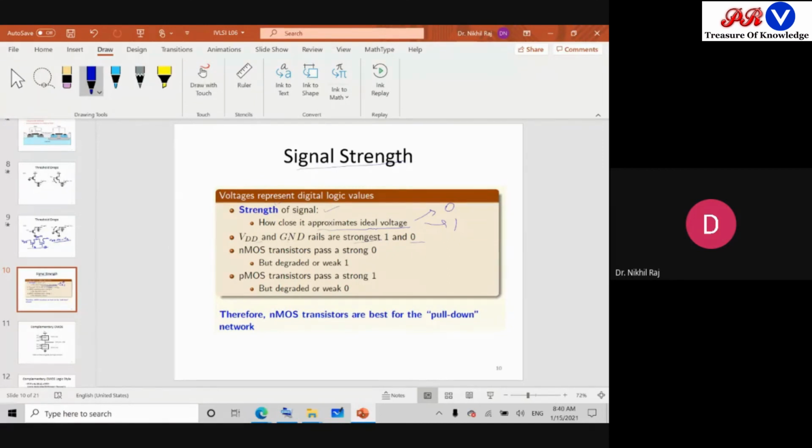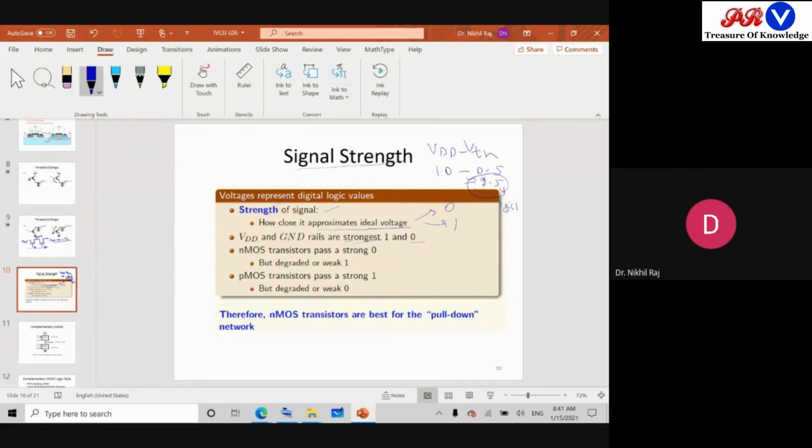The word strongest is used here because, though we have reached VDD minus VTN, if suppose VDD is 10 volt and VTN is 0.5 volt, this is nothing but 9.5 volt. So we say this is also equivalent to logic 1. But this logic 1, 9.5, is actually not an accurate 10 volt, but approaching 10 volt.